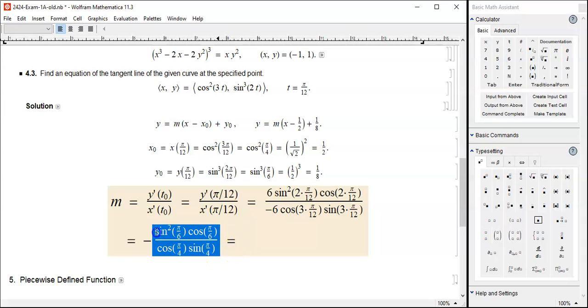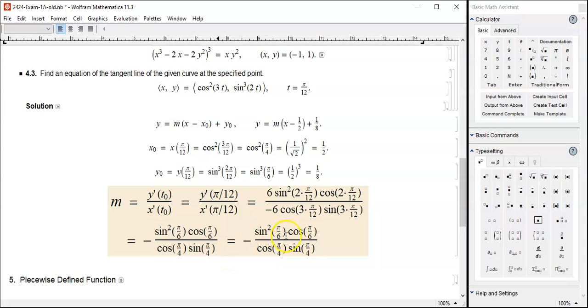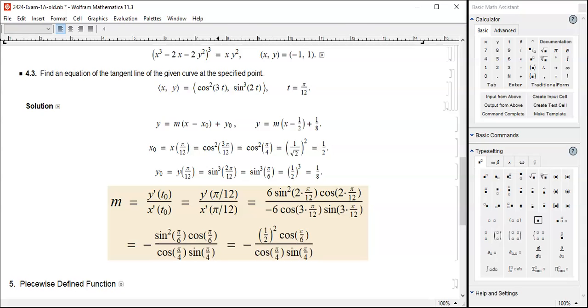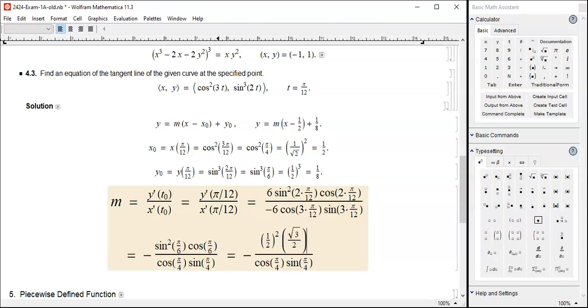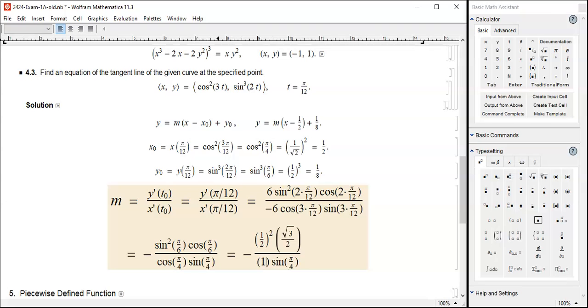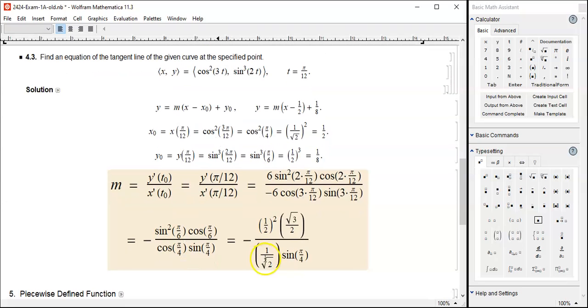All right. What is sine of pi over 6? That's 1/2. What is cosine of pi over 6? Look up this trig diagram. It's square root of 3 over 2. What is cosine of pi over 4? It's 1 over square root of 2, or equivalently square root of 2 over 2.